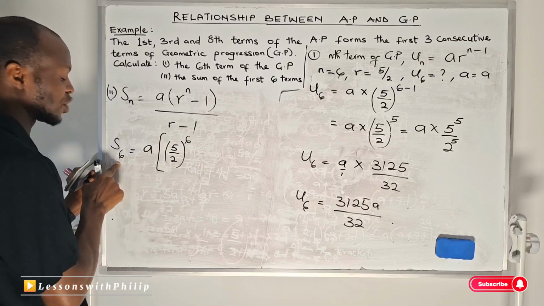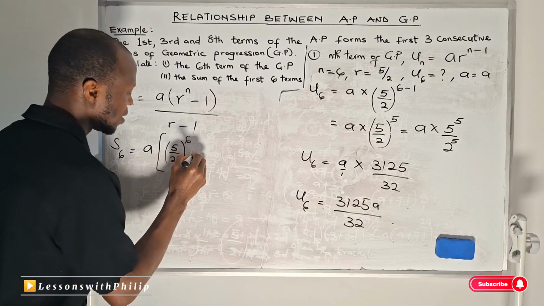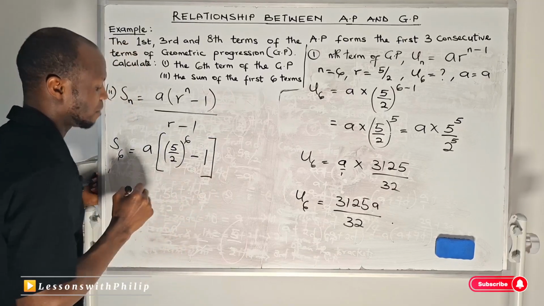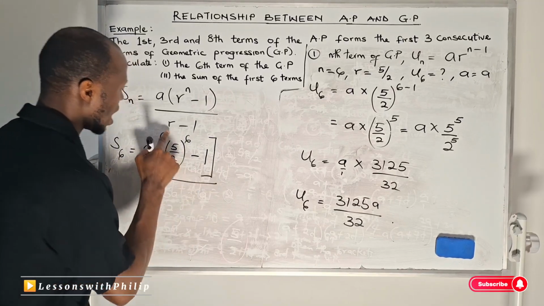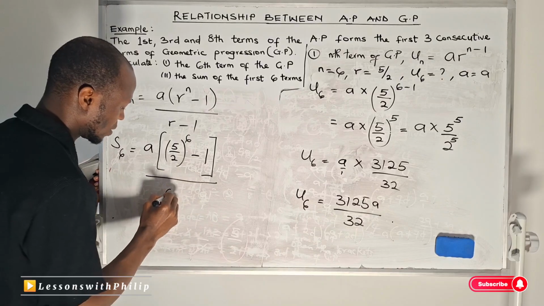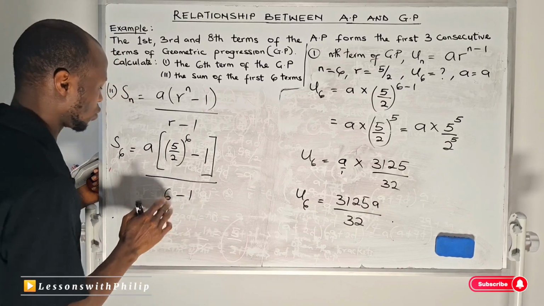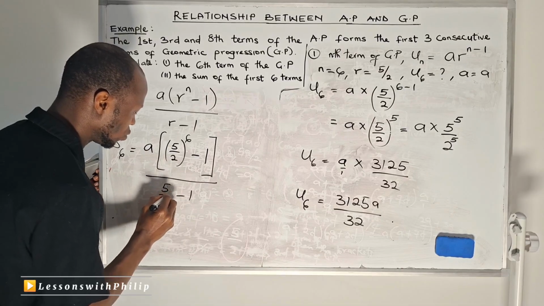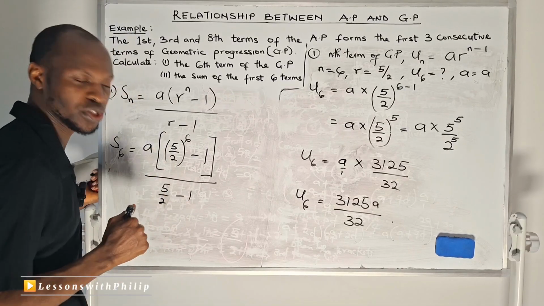Now our n has changed to 6. 6 minus 1, all divided by r, which is 5 over 2 minus 1. Do you get it?